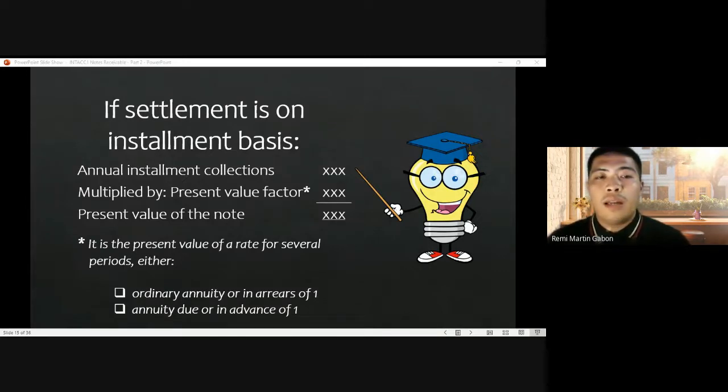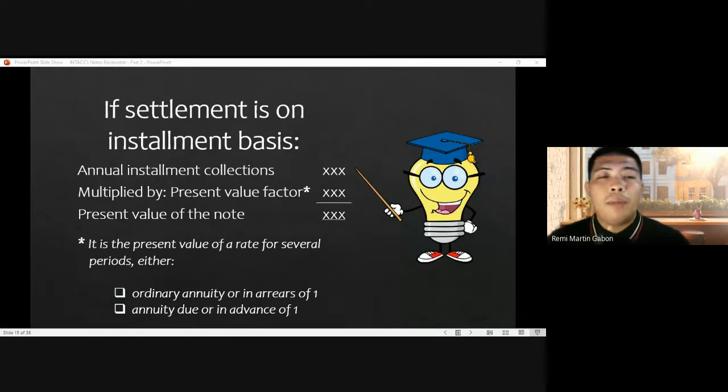Then annuity due or in advance of 1, same pa rin, complete annual, yun nga lang si in advance of 1, merong advancement of installment. Guys, magkaiba si down payment sa advance installment.